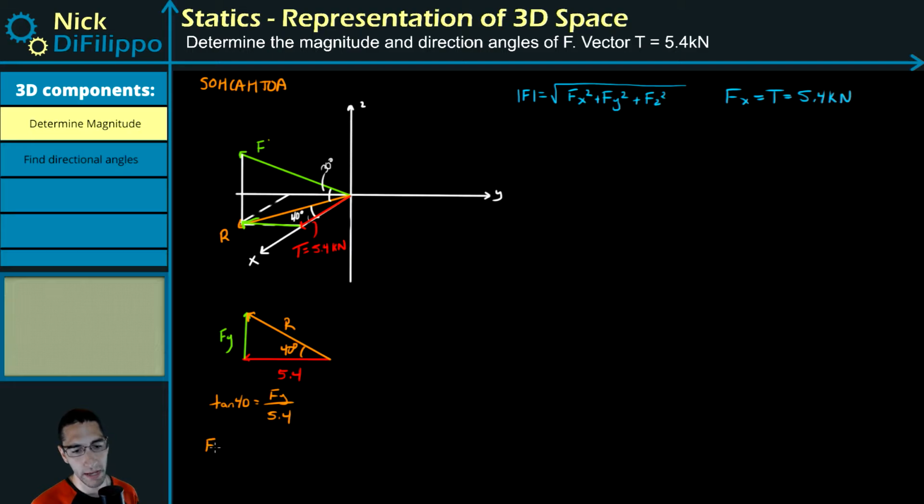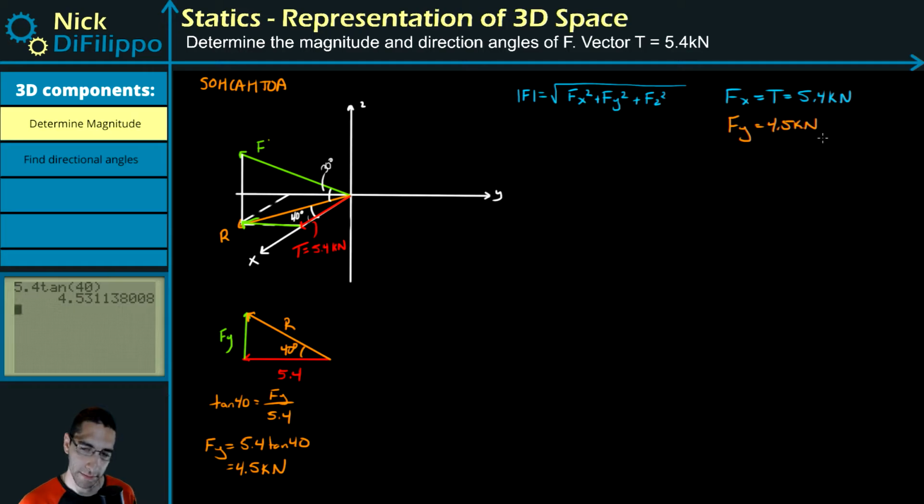So Fy is equal to 5.4 times the tangent of 40, which is about 4.5 kilonewtons. So Fy is equal to 4.5 kilonewtons.